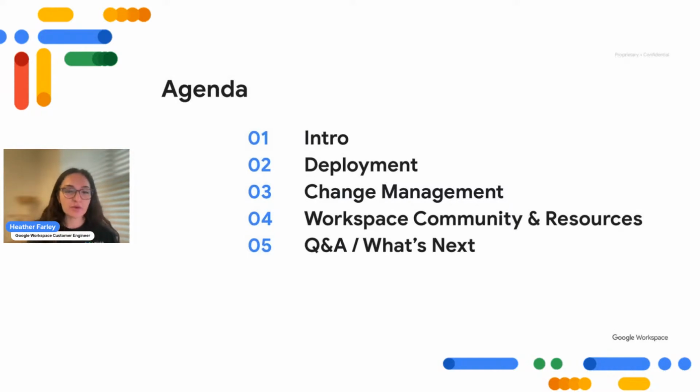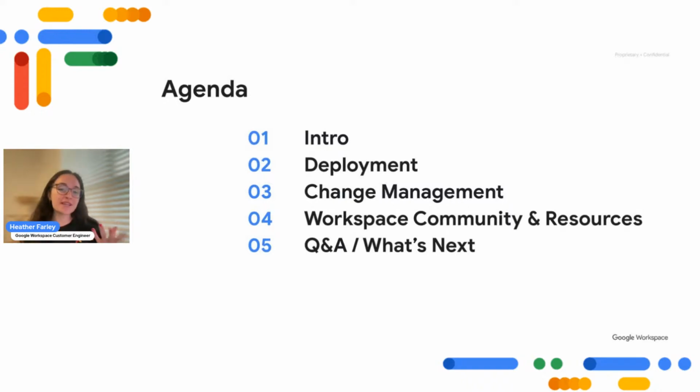So today we're going to generally be talking about what is Gemini for Google Workspace. To address the elephant in the room, I'm sure some of you have seen that Duet AI is now being called Gemini for Google Workspace. So we're definitely going to get into the nuances of what the differences are between Duet AI and Gemini for Google Workspace. Then I'll take about 30 minutes to go through deployment of Gemini for Google Workspace.